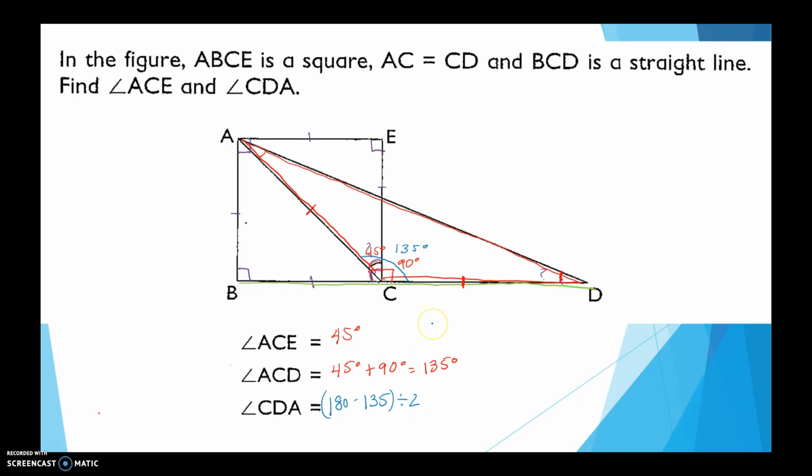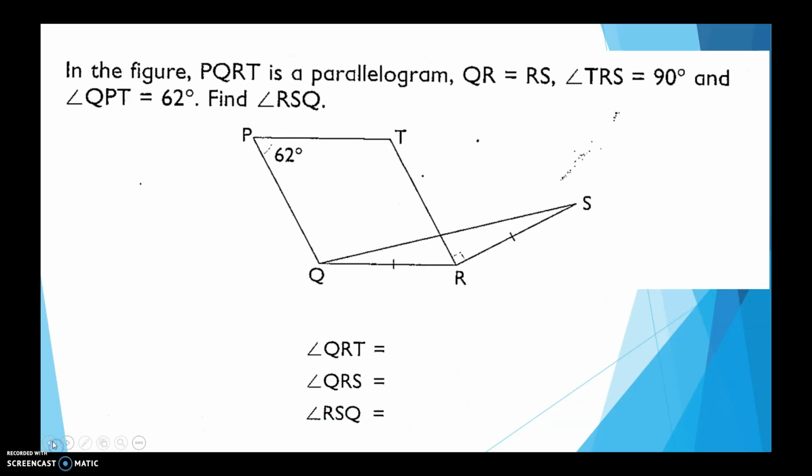When I subtract 135, it's going to give me the measurement for both of those angles, so I need to divide it by 2. So if I subtract 135 degrees from 180, I'm going to get 45 degrees. I'm going to divide that by 2, and I'm going to get 22.5 degrees. All right, let's do the next one.